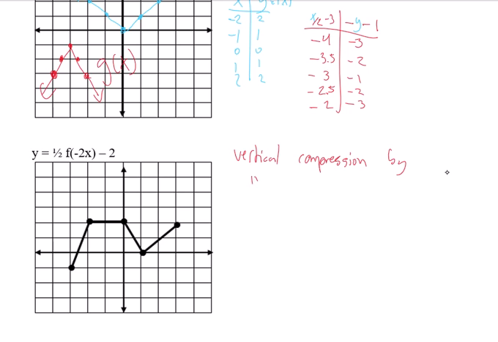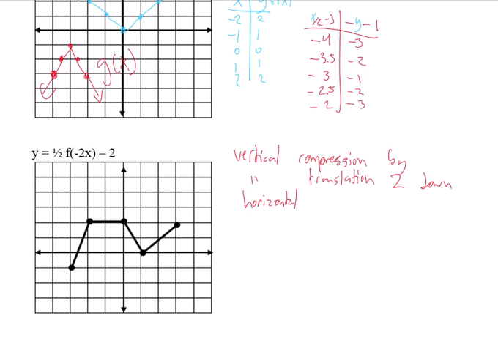We have a vertical translation two down. And we have in the bracket here negative 2. So that's a horizontal reflection. Technically, it's a reflection on the y-axis.